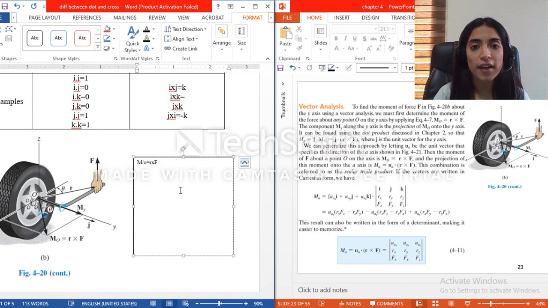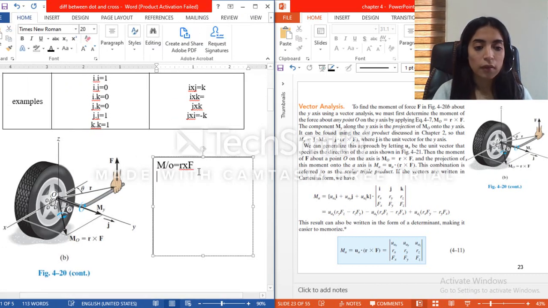R is the position vector from O to any point on F. And I know that if I need to find the projection of any vector on a unit vector u, I should do the dot product.